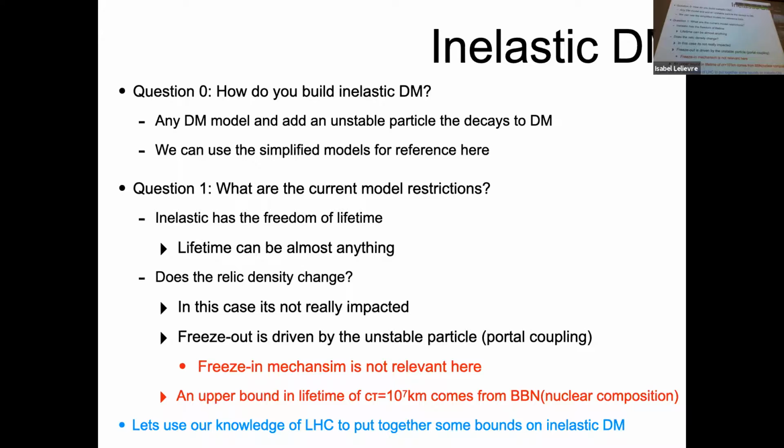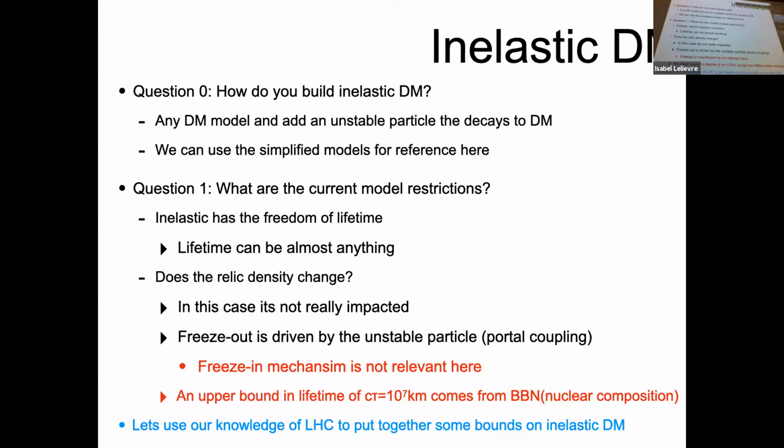Well, it turns out that if you calculate the relic density, you get the same constraints that you got before for coupling to standard model, the same constraints for coupling to dark matter. The only thing now is you have an additional free parameter, which is a lifetime, and you can vary this lifetime as much as you want within the constraints of Big Bang nucleosynthesis and prompt, right? So you have complete freedom here.